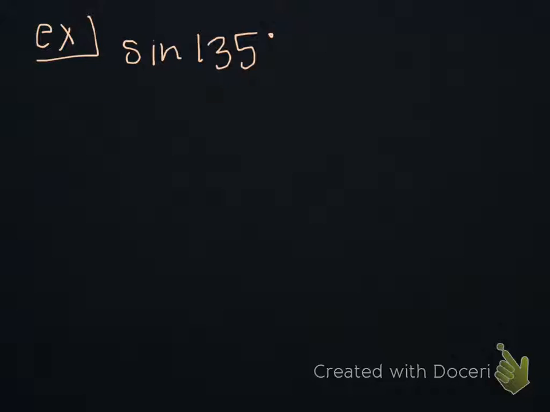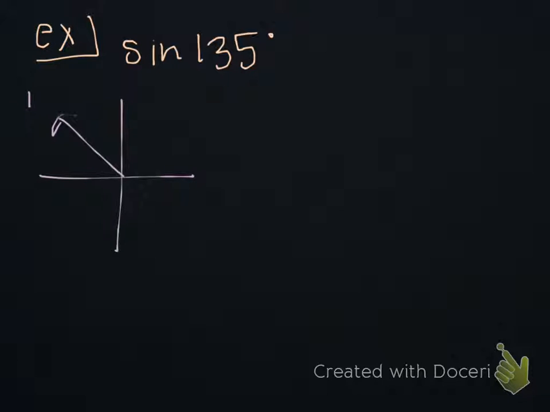Again, the goal is that we're slowly phasing out the unit circle and just having the coordinates in quadrant 1 memorized, and then we go from there. So if I'm dealing with 135 degrees, we know that falls in quadrant 2. So 135 is right here. It's really sloppy.